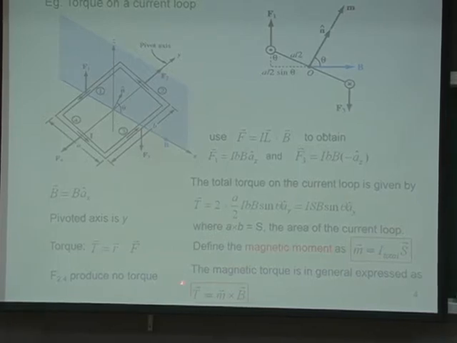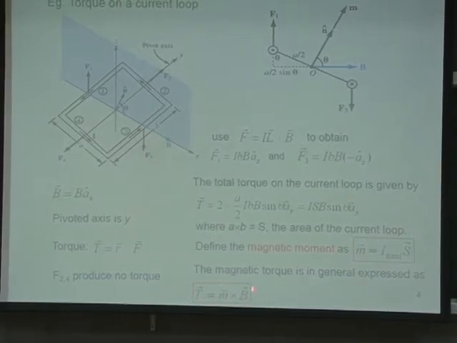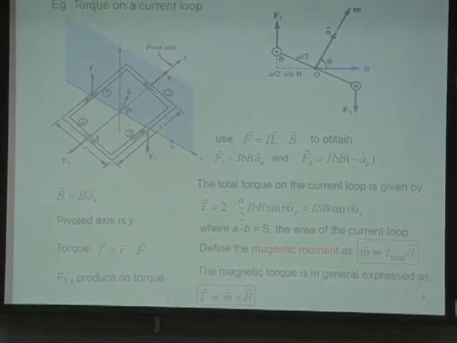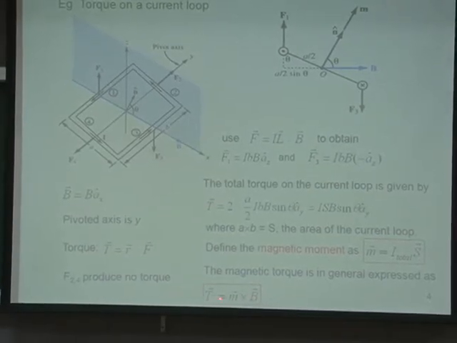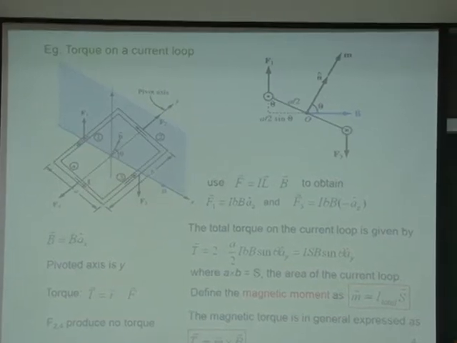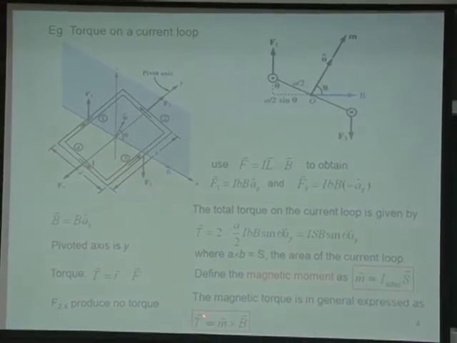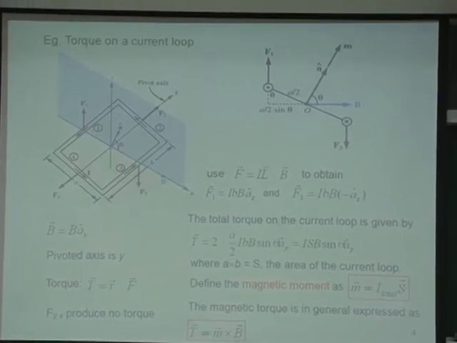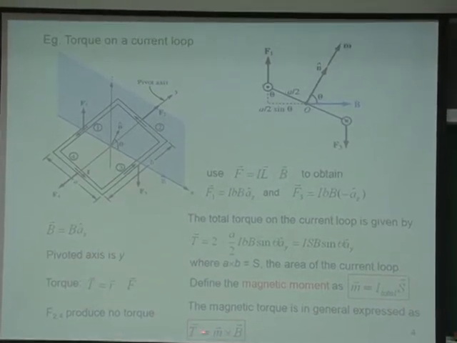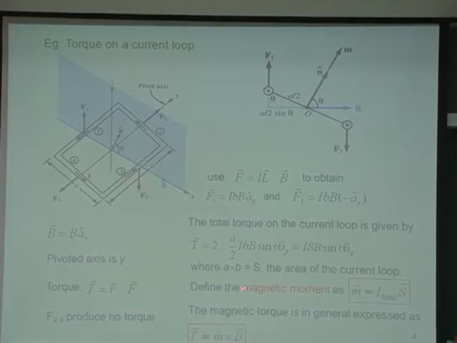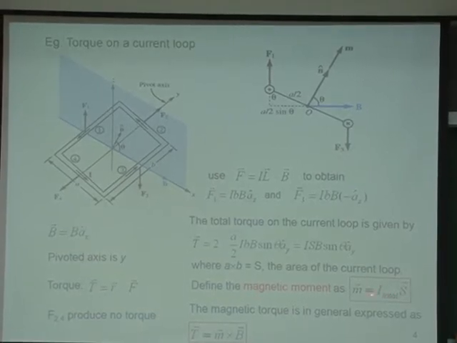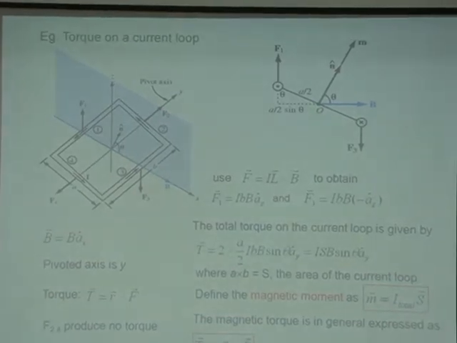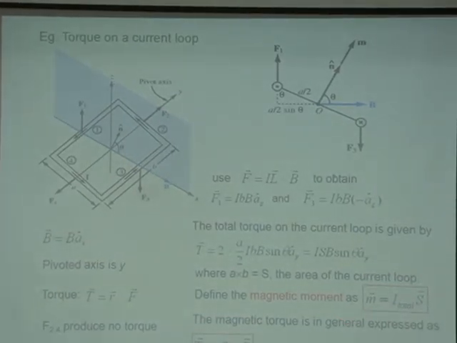And the torque on this current loop is expressed by M cross B. We went through this calculation and end up having this expression. Be careful that in this expression, in addition to the magnetic field, you have M. That is defined to be the current multiplied with the surface, and the surface has a direction. Therefore, M has a direction.